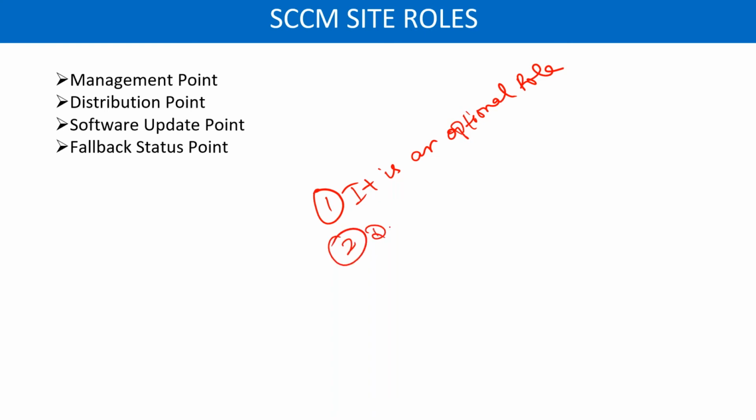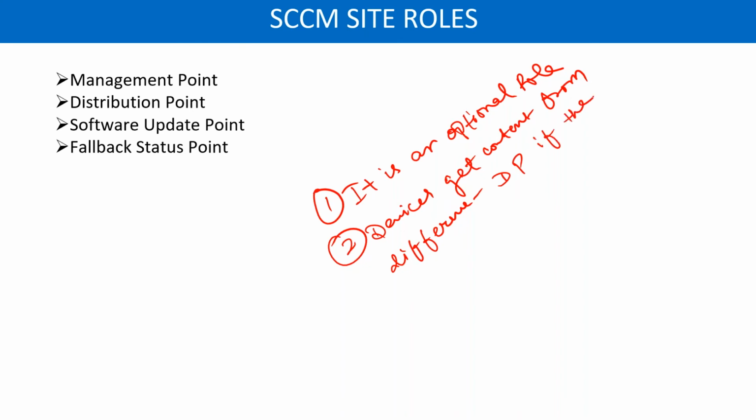Second, devices get content from a different distribution point if the native DP is down.